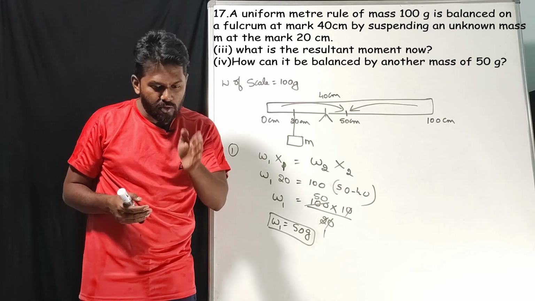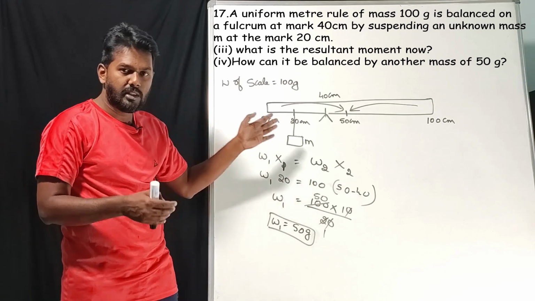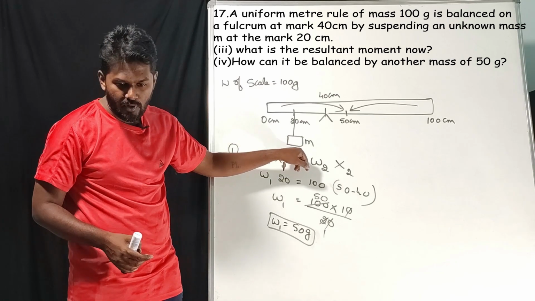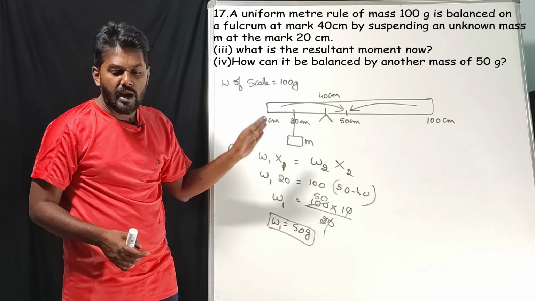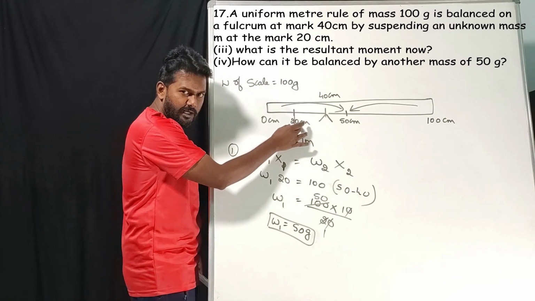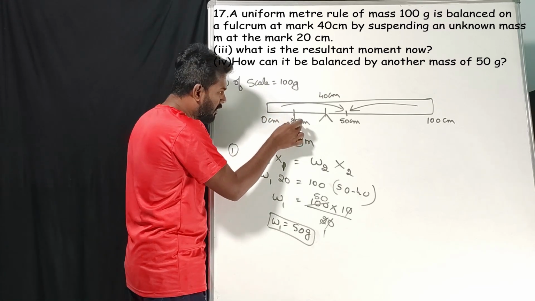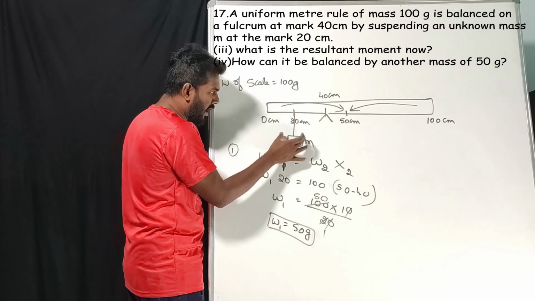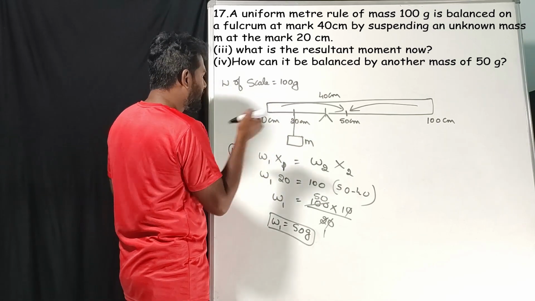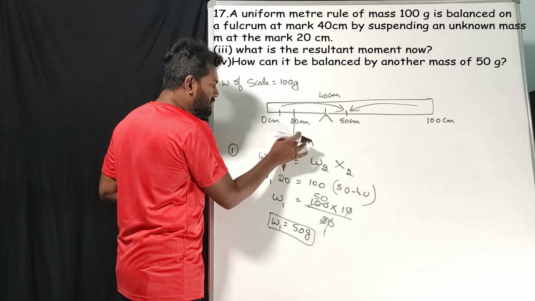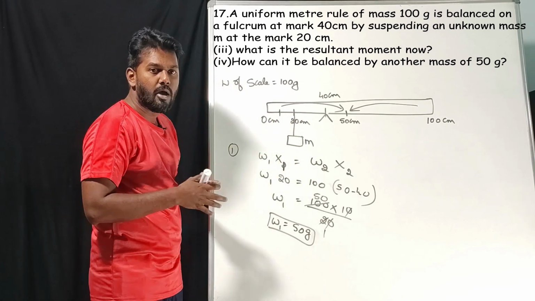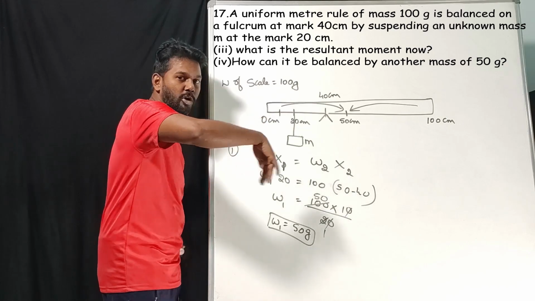To which side will the rule tilt? The rule will tilt if the mass m is moved to the 10 centimeter mark. Now it is at 20, correct? Now if I move this load towards the 0 side, exactly at 10, in which direction is it going to rotate?